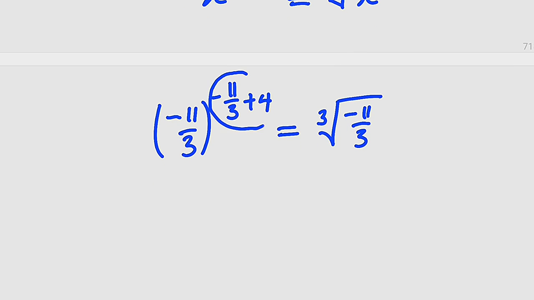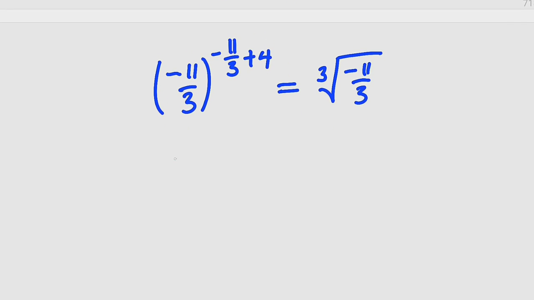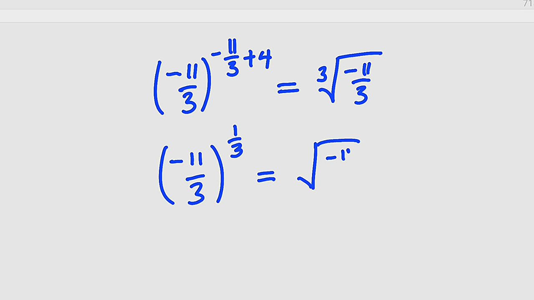This exponent right here, negative 11 over 3 plus 4, is the same thing as 1 divided by 3, right? So this is negative 11 over 3 raised to the power of 1 divided by 3.